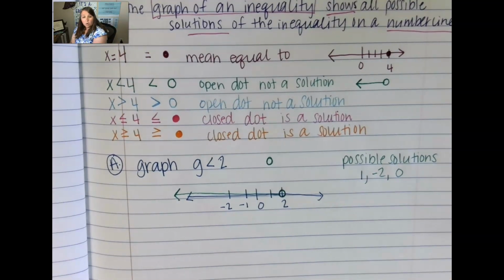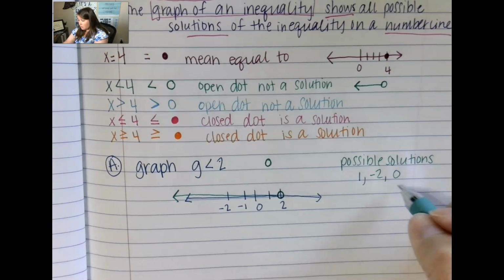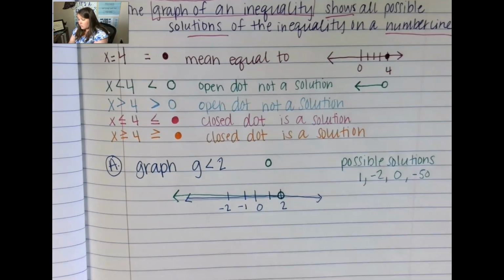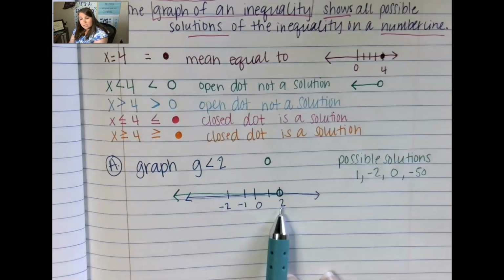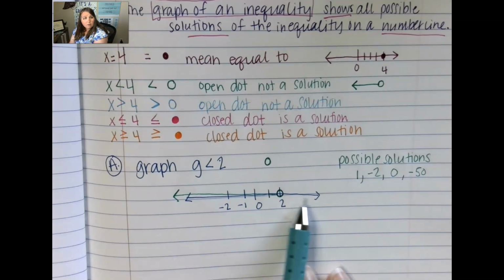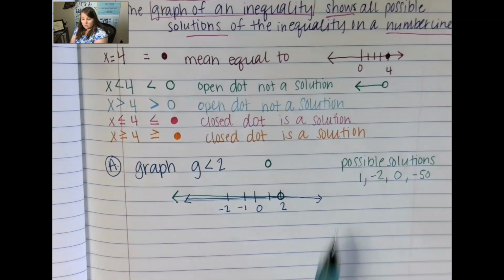Anything below 2 is a possible solution. I mean, you could even have -50 as a possible solution because that is below 2. Non-solutions: 2 isn't a solution, 3 is not, 4 is not, because those ones are greater than 2.